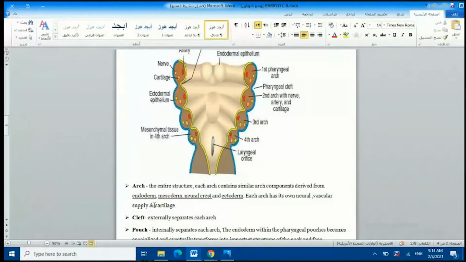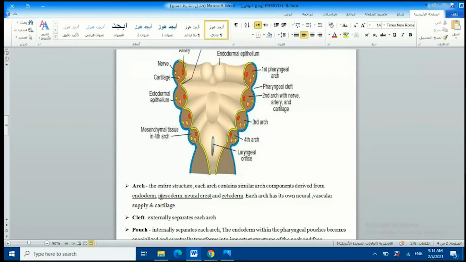So endoderm, mesoderm, neural crest cells, and ectoderm are the origin for the formation of the different structures in the head and neck. And every arch has its own nerve, vascular supply, meaning the artery, and cartilage.